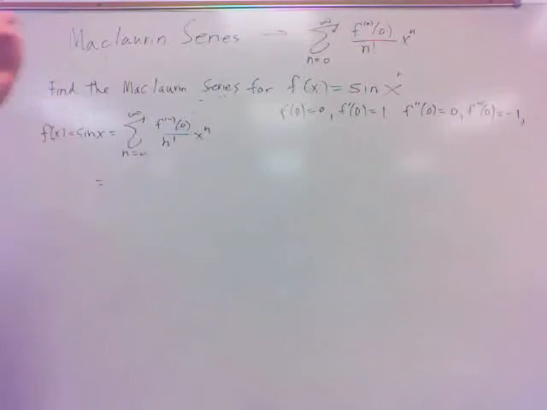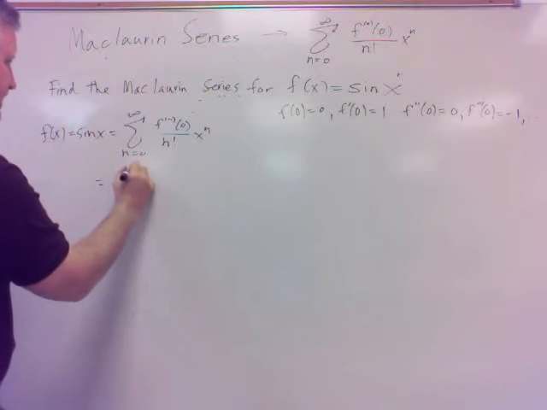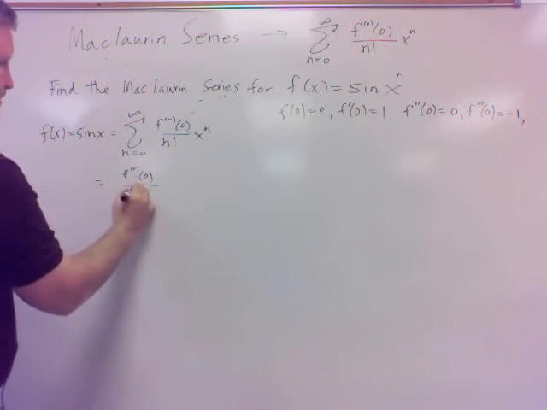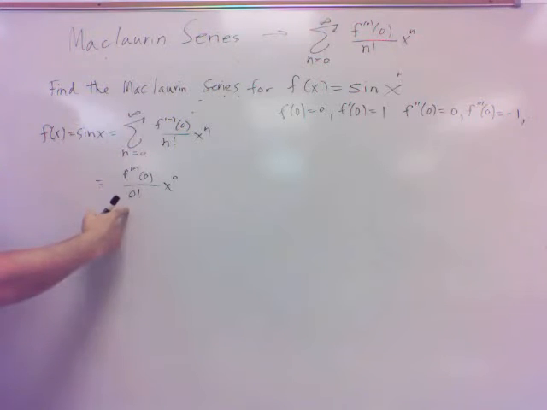So I'm going to plug those in to this formula, because this means, like I said, this is f, the 0th derivative, which is just the function, 0 over 0 factorial x to 0. So this is just going to write these terms out term by term.